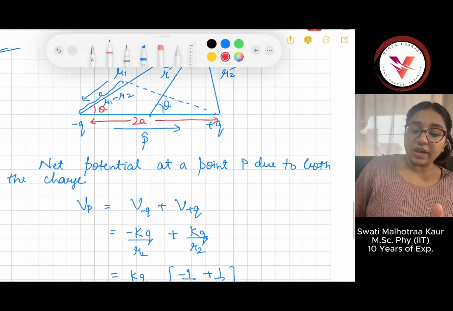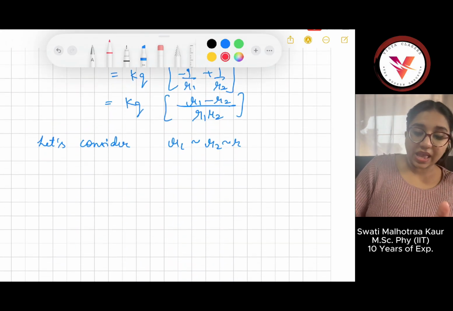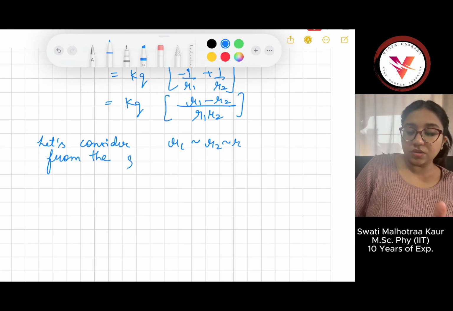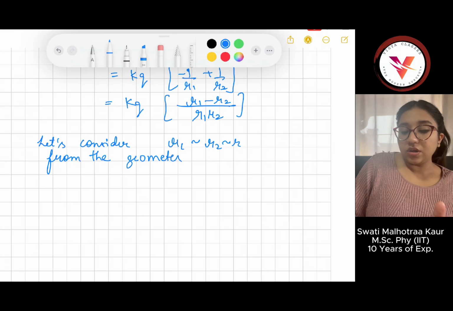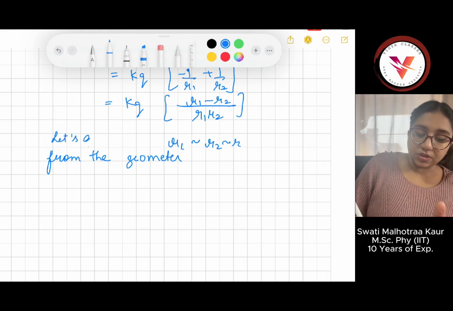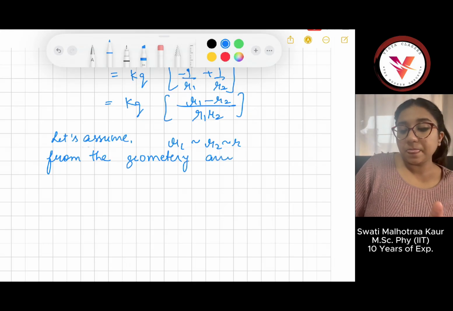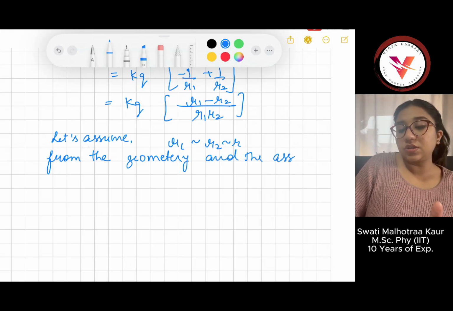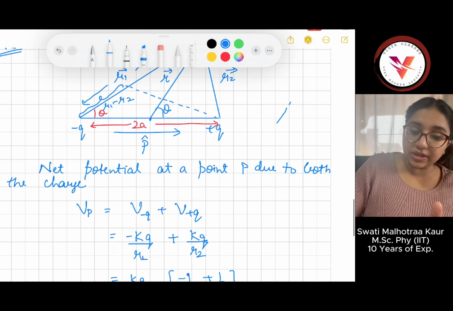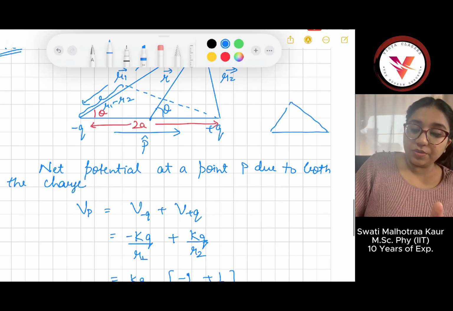And from the geometry and the assumption, we can say that r2 minus r1, if you look at this, would be something like this.